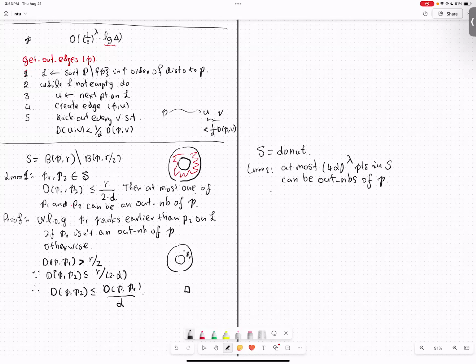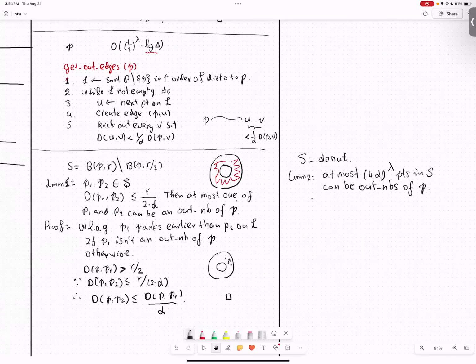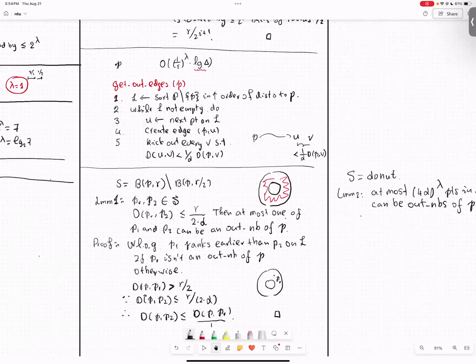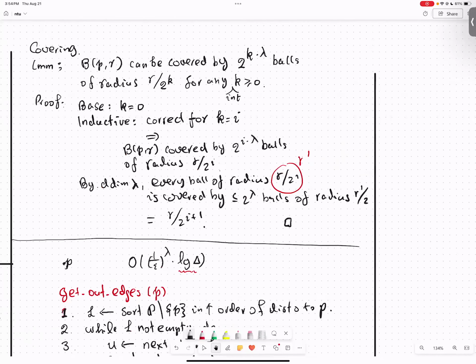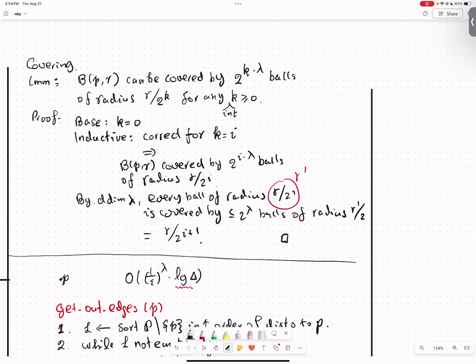All right, so before I prove this, let's take another look at this covering lemma that we proved earlier. This covering lemma is the gem provided by this doubling dimension property. Now, in order to make sense of this lemma better, I want you to look at this 2 to the power of k as some sort of radius, some sort of distance.